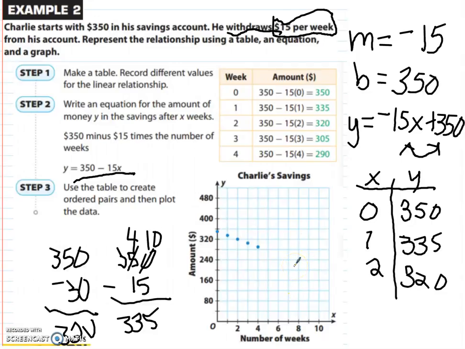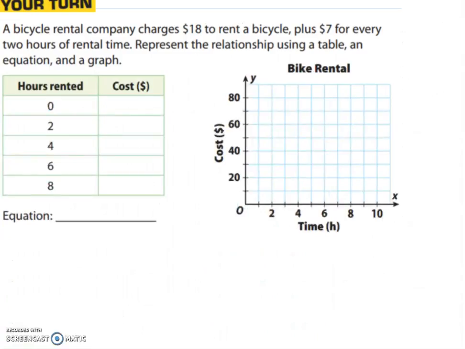All right, let's look at the last one. On the last one, it says a bicycle rental company charges $18 to rent a bicycle, plus $7 for every 2 hours. So $7 for every 2 hours. Now, the bad thing about this is it is 7 over 2. The constant rate of change is 7 over 2.